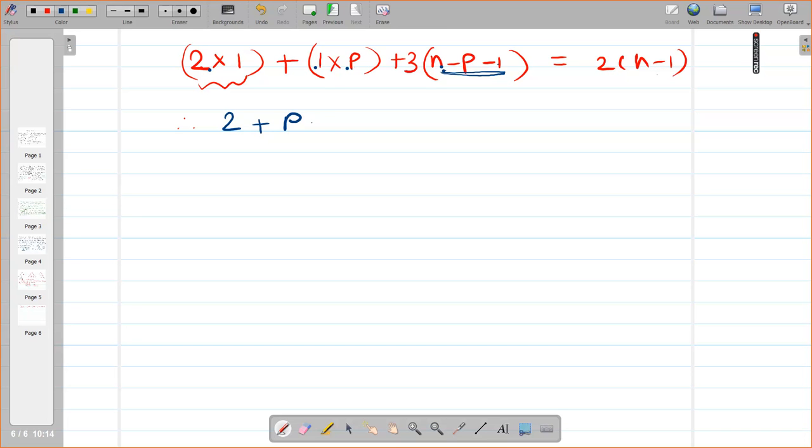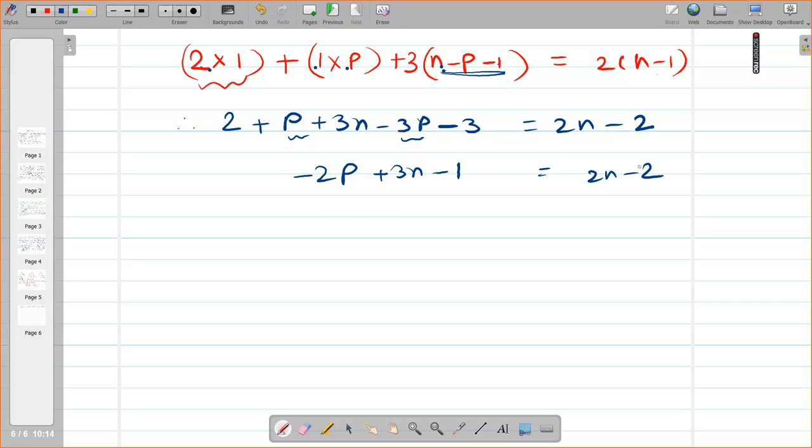1 into p is p, plus 3n minus 3p minus 3, is 2n minus 2. So I will take p only here and shift everything to the RHS. So this will be minus 2p plus 3n minus 1 is 2n minus 2.